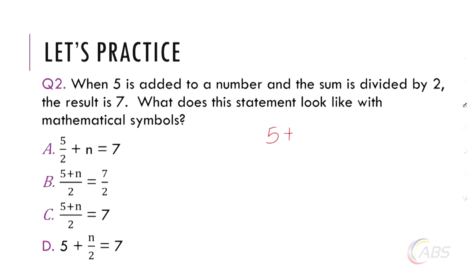When 5 is added to a number, whatever that number is, because n is used in the answers, we'll just use n. So when 5 is added to a number, the sum is divided by 2, and the result is 7. Okay, so the answer there is C.